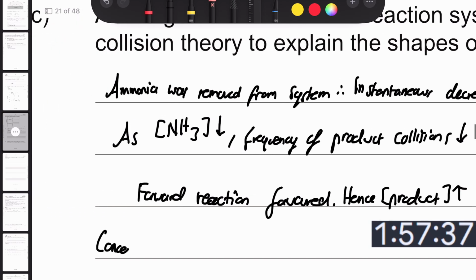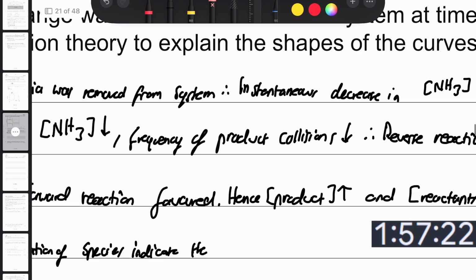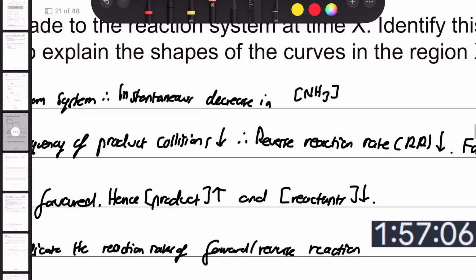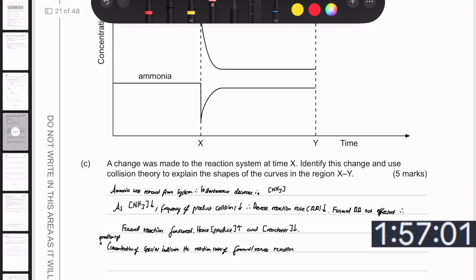I'll say the concentration of species indicate the gradient of reaction rate, forward or reverse reaction. Okay, and then so the products will increase and reactants will decrease.